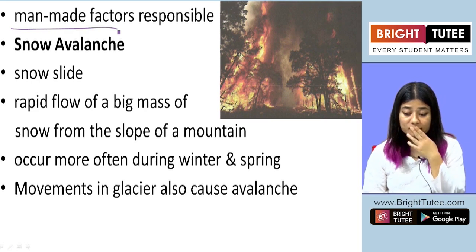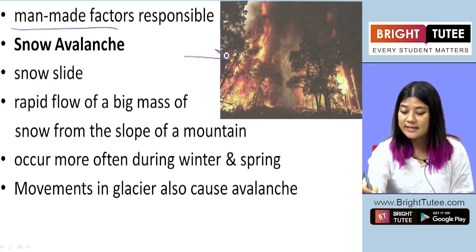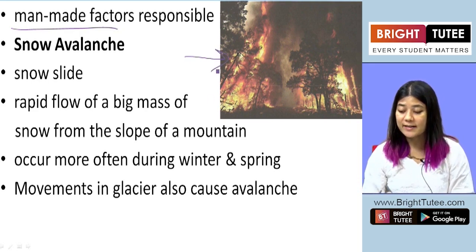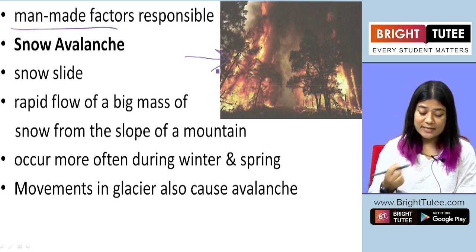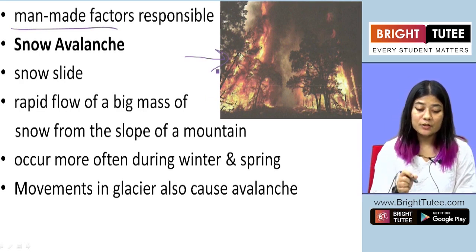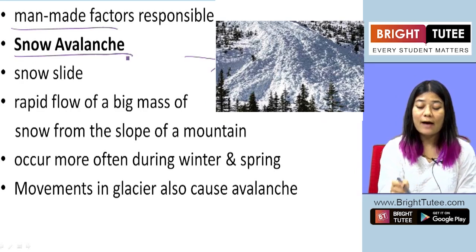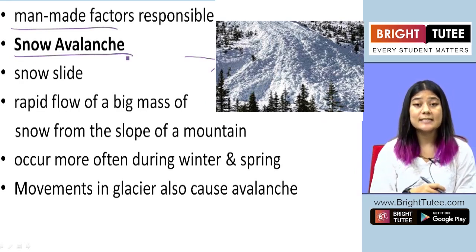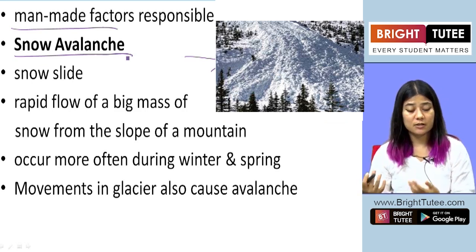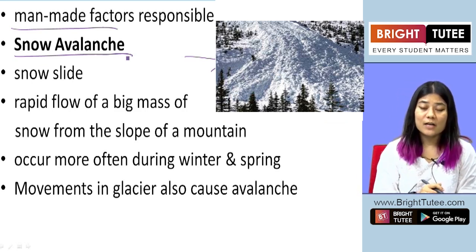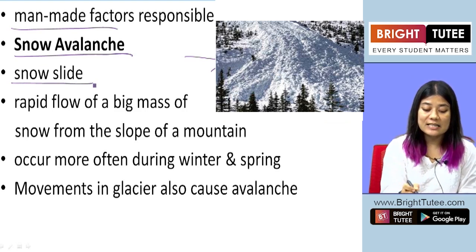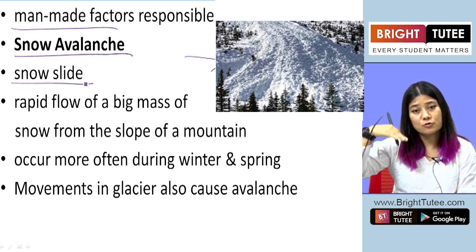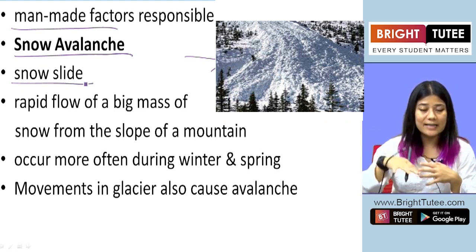Okay. So in this picture you can see how deadly forest fires can be. Now the next disaster that we are going to look at is called snow avalanche. This kind of disaster takes place in the mountains. Snow avalanche is also called snow slide because of how the snow slides off.